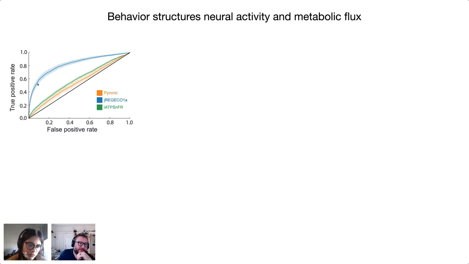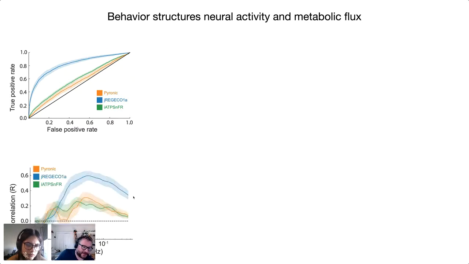And so with our calcium signal from JR-GECO, it's a good curve. It's not perfect, but so be it. But interestingly enough, if you couldn't predict behavior from your metabolic signal, you would be at the unity line here in black. But actually, with our Pyronic and ATP sniffer signal, we see above-chance positive calls using this model.